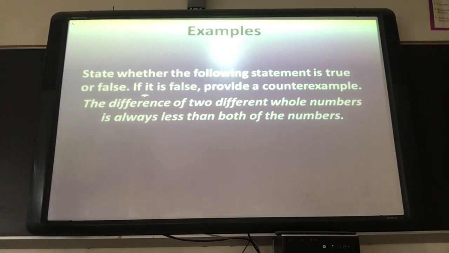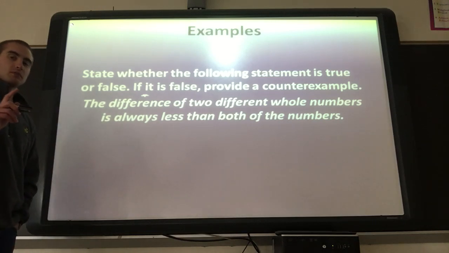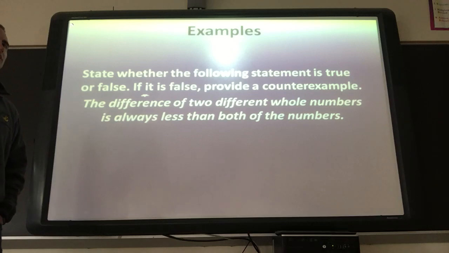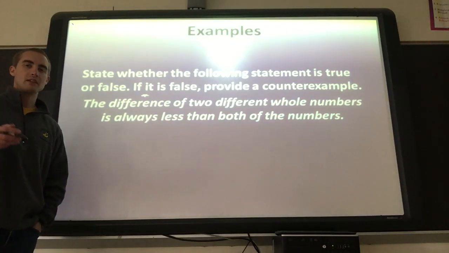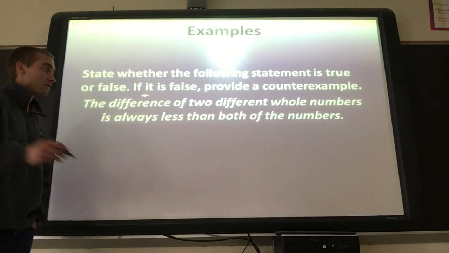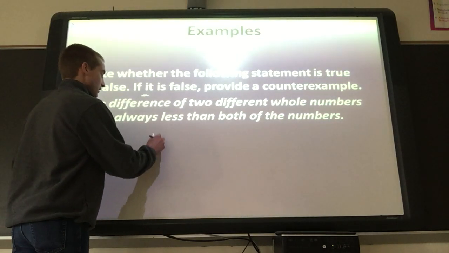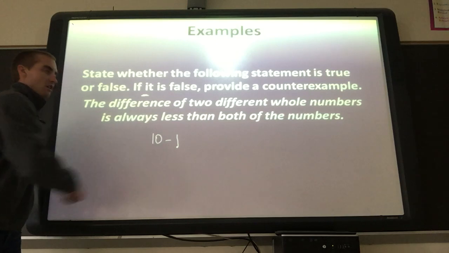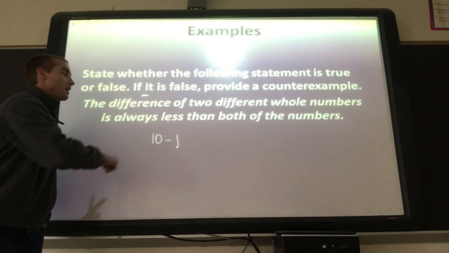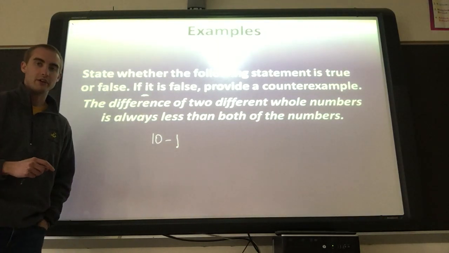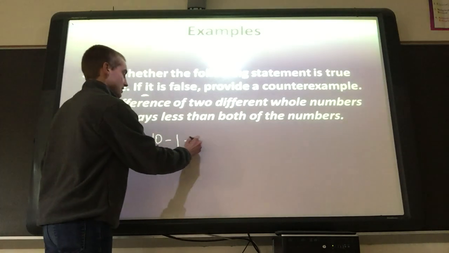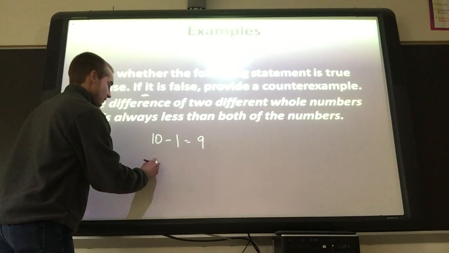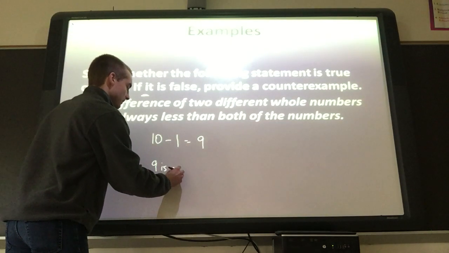So it's probably going to be false. Okay, you got to think, when you subtract, your answer is not going to always be less than both numbers you're subtracting. For example, let's take 10 minus 1. This is saying that when we subtract, our answer has to be less than 10, and it has to be less than 1. Well, 10 minus 1 is 9, and 9 is not less than 1.